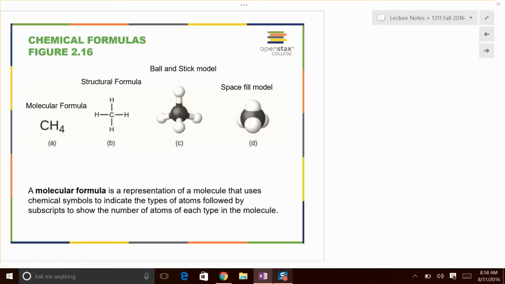So in chemistry, we like to represent things with models. Okay, so now we're moving on. A molecular formula is a representation of a molecule that uses the chemical symbol to indicate the type of atom followed by the subscripts. Okay, so here we have the molecular formula.